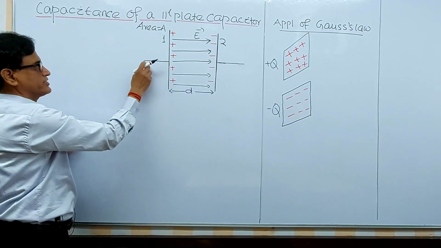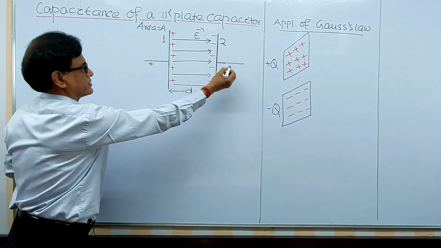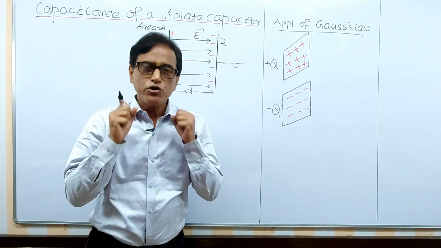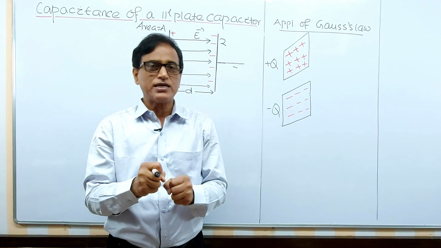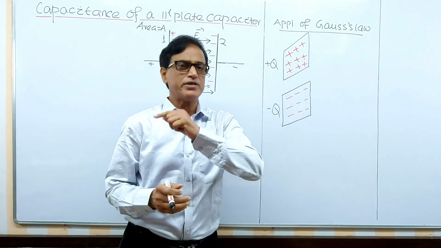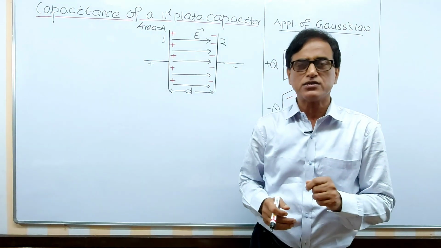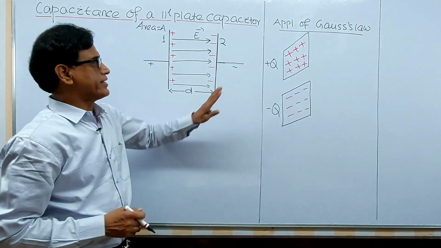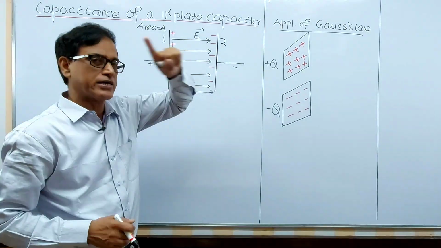This side becomes plus, this side becomes minus. This is a parallel plate capacitor. Now we want to find the capacitance of this parallel plate capacitor. You may be asked a question: derive an expression for the capacitance of a parallel plate capacitor. So here you can take the concept as per the applications of Gauss law.